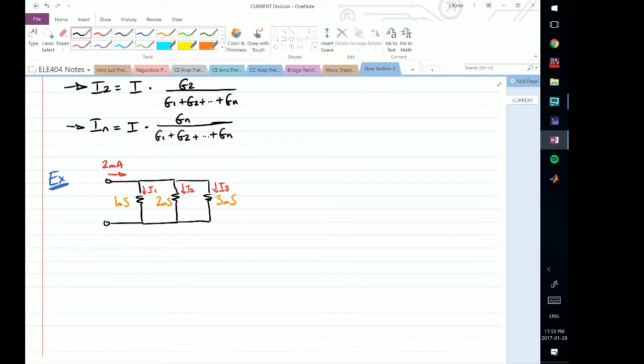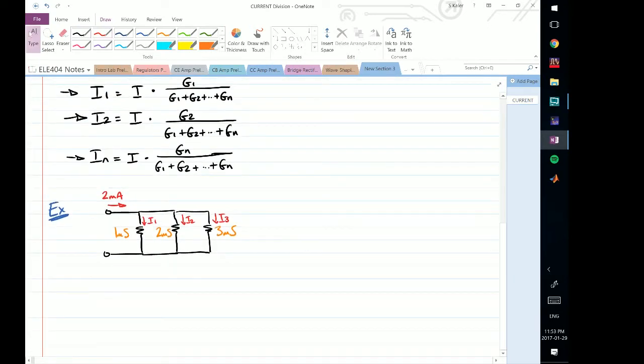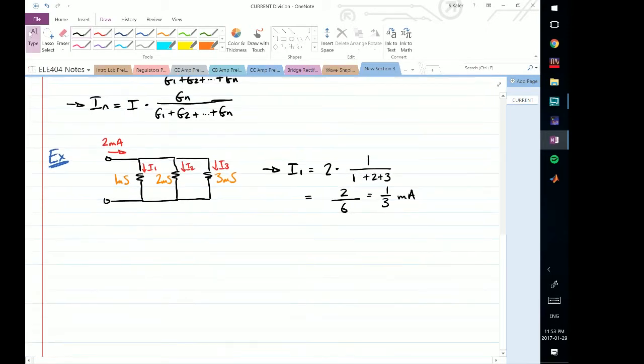So by using current division, we can simply find these currents, saying that I1 is going to equal 2 milliamps. I can leave it as 2 because I assume all currents are in terms of milliamps anyways. And this will be G1, 1 millisiemens, divided by 1 plus 2 plus 3. This is going to equal 2 over 6, which is going to equal 1 over 3 milliamps. You can write this as 0.333 or however you'd like. I'll leave it as an exact number there.